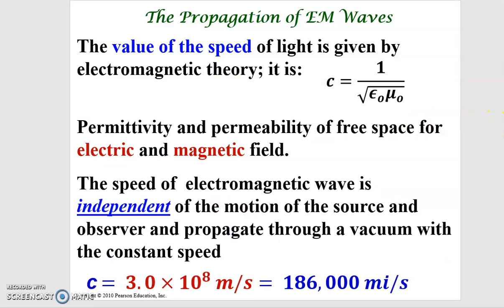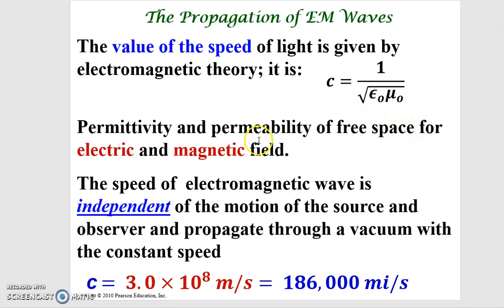Now let's talk about how fast the EM wave propagates in space. The speed of light, c, can be expressed in a format like this. I'm not sure, do you still remember the first one, epsilon naught? It is the so-called permittivity of free space for the electric field, and you see this constant in Coulomb's law.